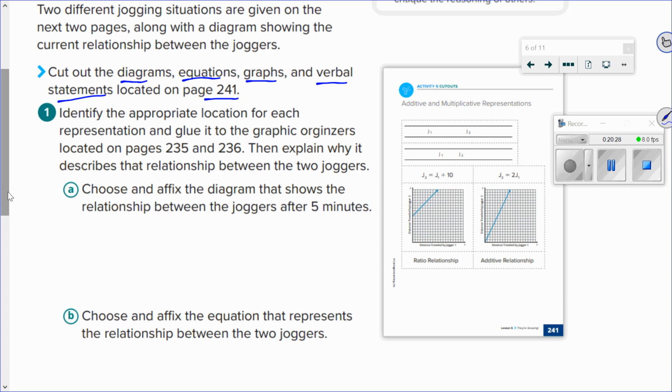I'm instead going to have you just draw arrows on that page to connect them. So choose the diagram that shows the relationship after 5 minutes, and then choose the equation that best represents the relationship. So basically you're going to choose which one goes with which graph. Make sense?